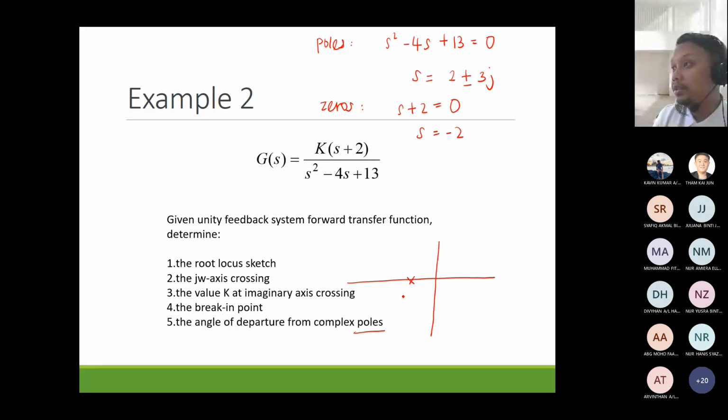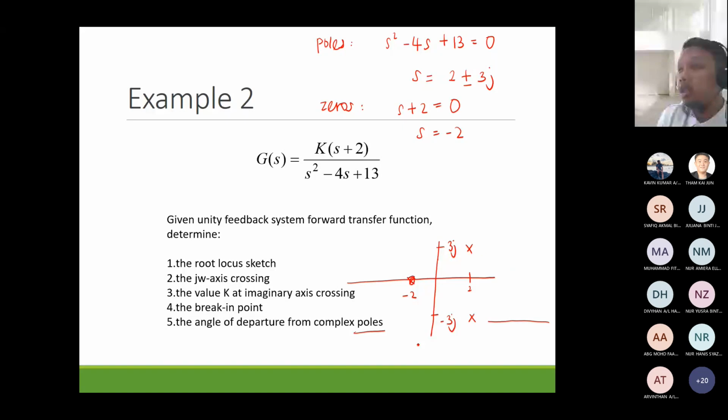So you have 2, and then you have minus 3j, 3j. From infinity to the value 2 here, we don't have the root locus on the real axis because there are no poles or zeros here.